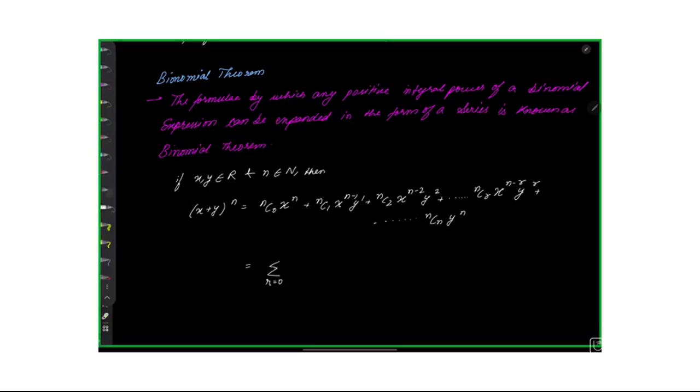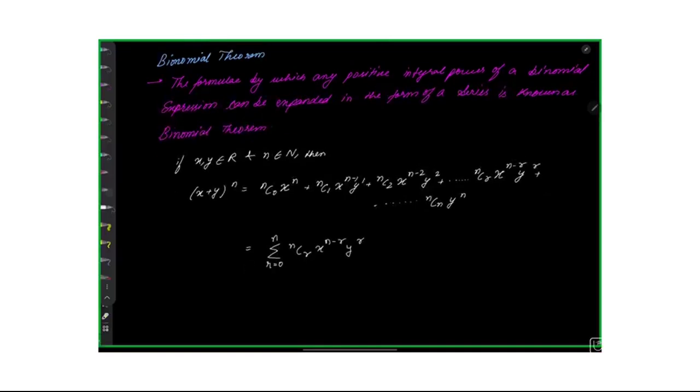R starting from 0 to n, nCr x to the power n minus r y to the power r, right? Now you can get back from this particular short form to this particular long form by just substituting values of r from 0 to n, right?